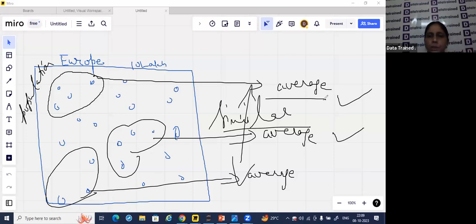Different subset average values will be identical or similar. So this one is the CLT, central limit theorem.